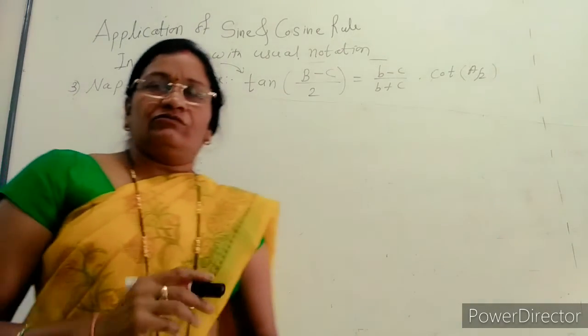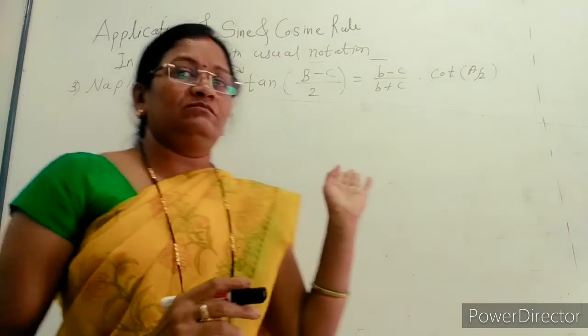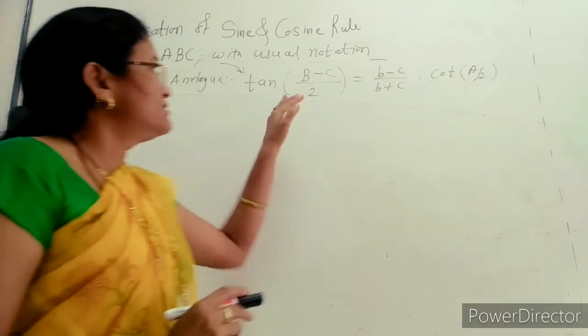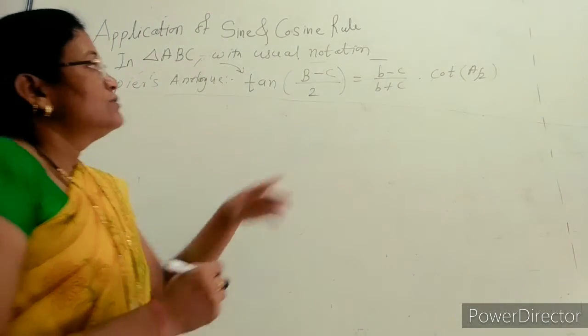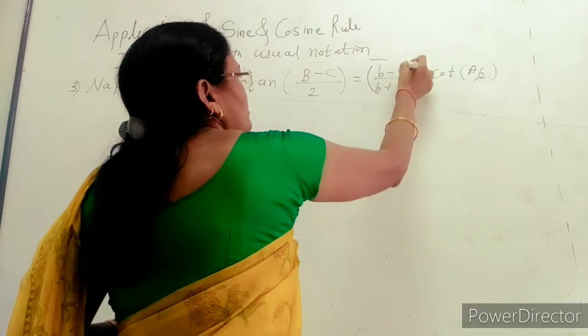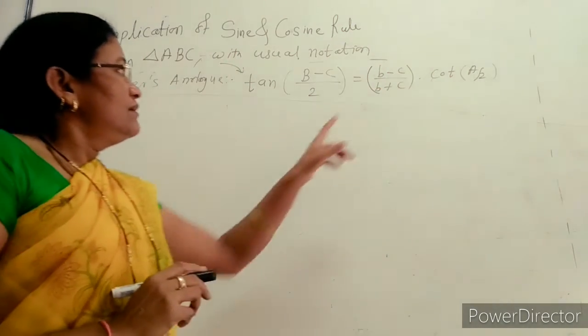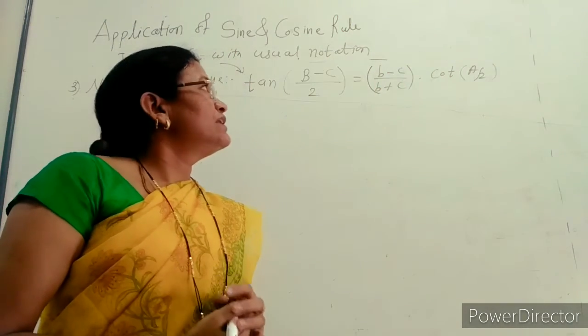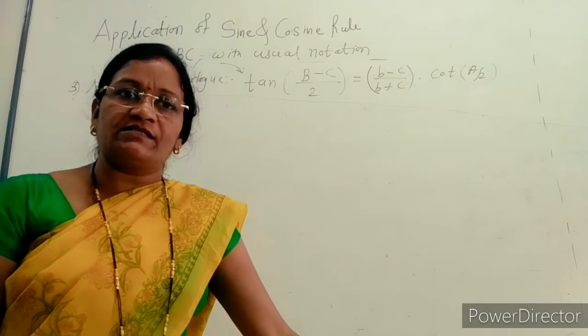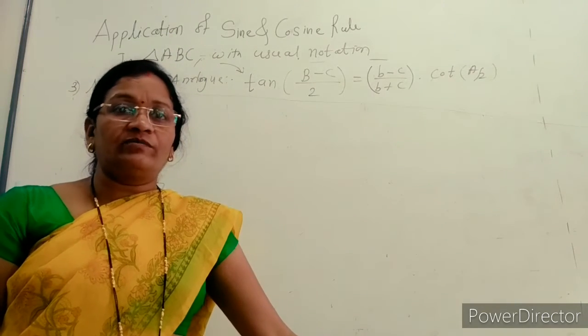When a question is asked in a previous year board question paper, use the result of this, meaning prove this. So how do you prove this? Here we apply the sine rule, because when lengths of sides are given to you, we can replace the lengths of sides with the sines of their opposite angles.